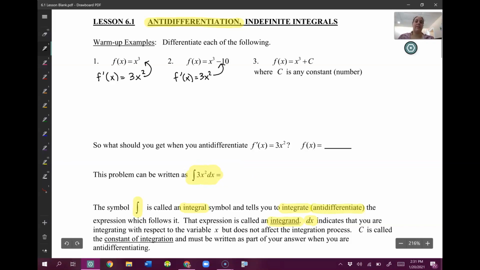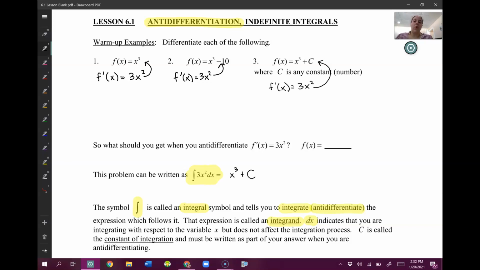Let's look at it like this, number 3. x cubed plus c, where c is any number. If I took the derivative of this, it would still be 3x squared. But now, if I work backwards, the integral of 3x squared would be x cubed plus c, where c could be any number.